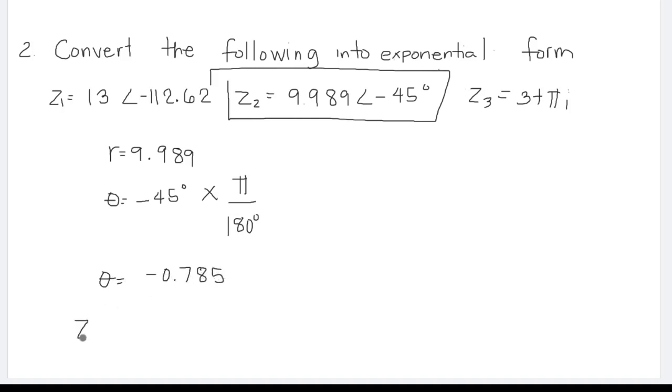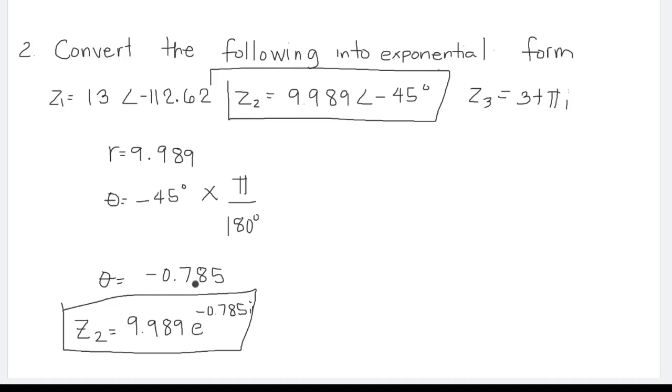So for C2, our value is equivalent to 9.989 e to the negative 0.785i. Again, this is in radian. We just convert degree into radian.